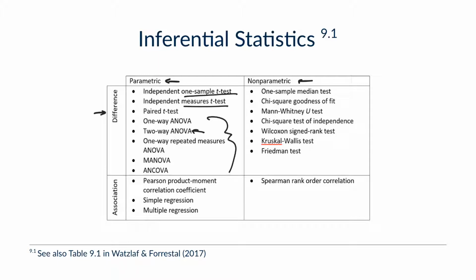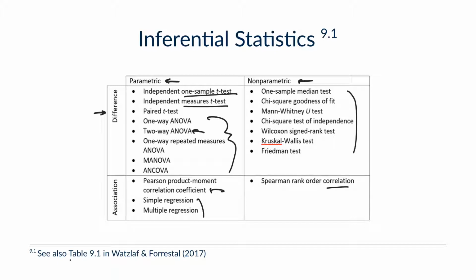If we're looking at non-parametric, we've got a number of tests there. And then if we're looking for associations, of course, we can do regression tests. We can also look for correlation coefficients, and here we've got correlation on the other side as well. So this is the collection of tests that we can use for inferential statistics.